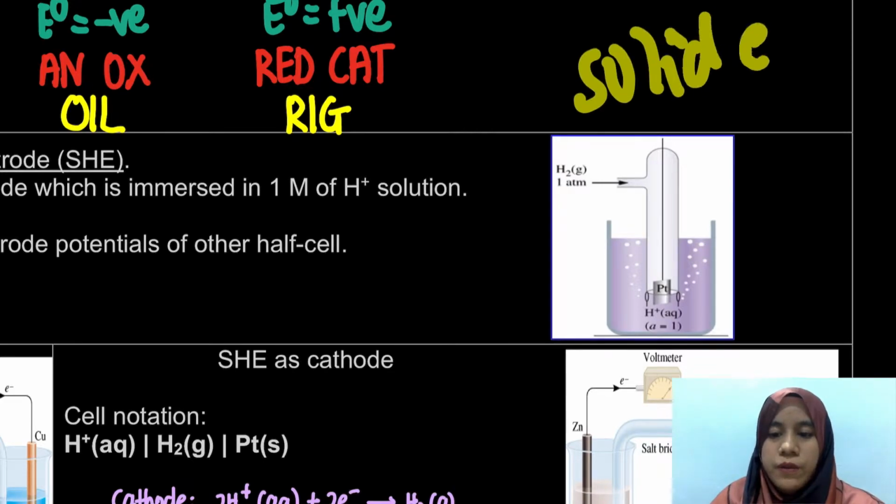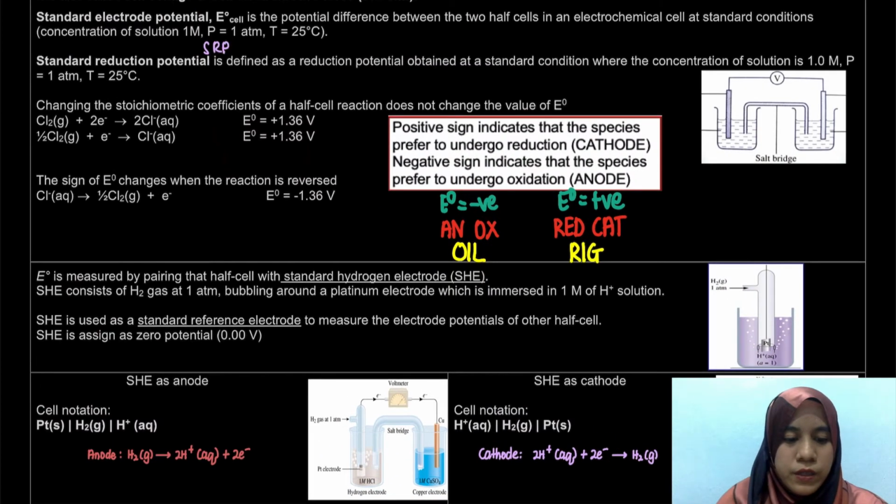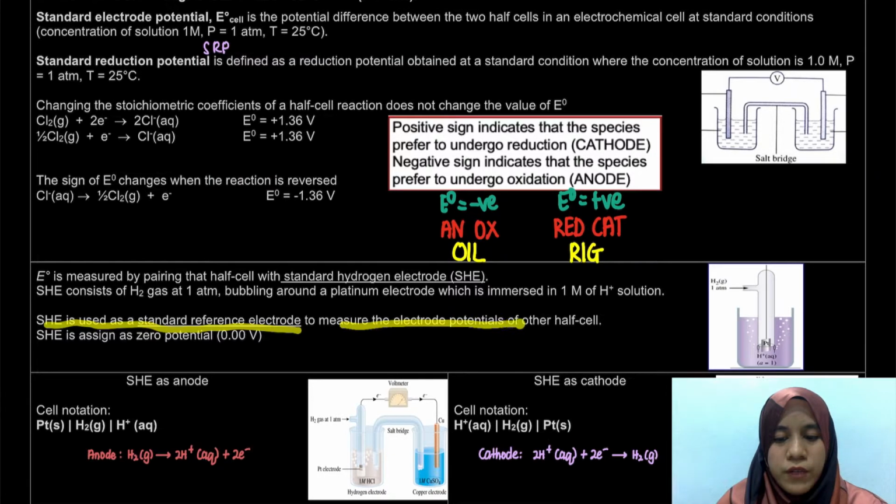However, in this case we only have hydrogen gas and H+ aqueous. So that's why there is a platinum electrode, which is an inert electrode. It will not be involved in the reaction. Again, SHE is used as a standard reference electrode to measure the E0 value of other half cells.